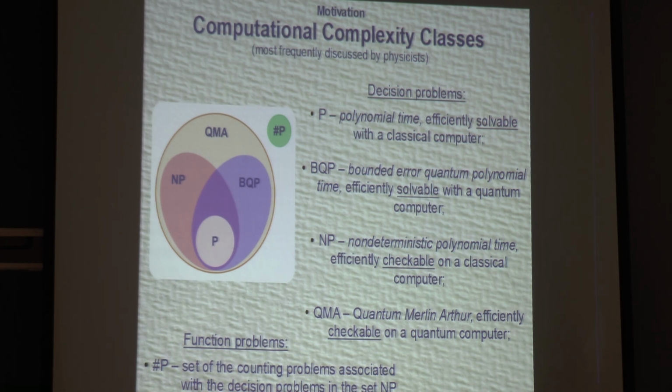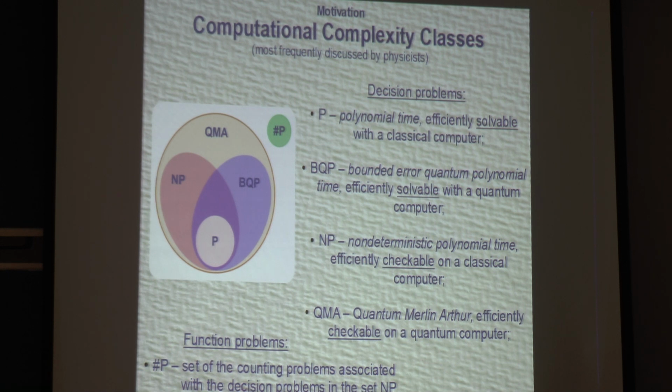The other class of problems are the function problems, and here the most often discussed class is the #P, or its generalization #P-complete problems. This is the set of counting problems associated with decision problems in the set NP. In short, in this class we are interested in counting how many solutions to a certain problem there are.